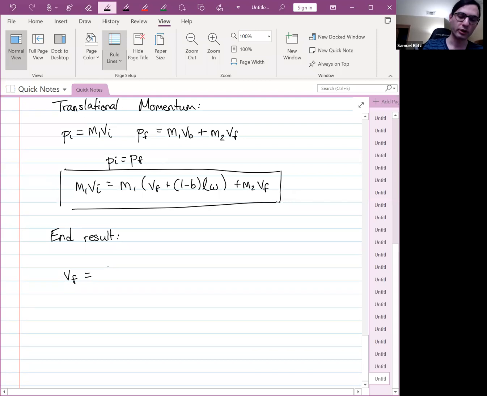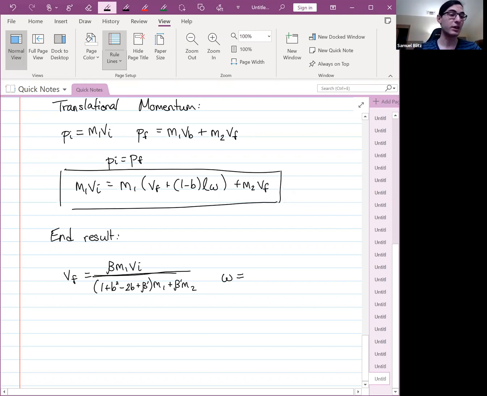VF equals beta m1 vi divided by (1 plus b squared minus 2b plus beta prime times m1 plus beta prime times m2). That is the final velocity, the final translational speed.